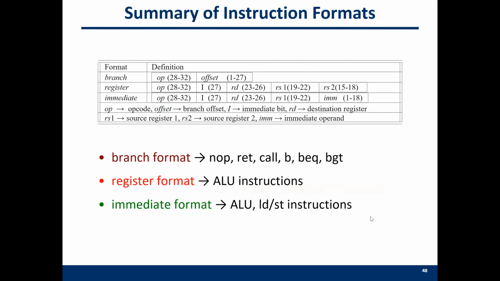The second one includes arithmetic operations, addition, multiplication, and the logic operation, and so on. We encode the load store. The immediate format has one register and one immediate data.